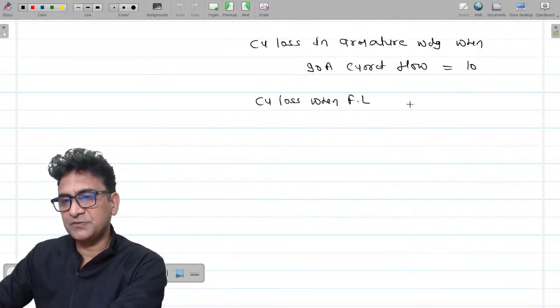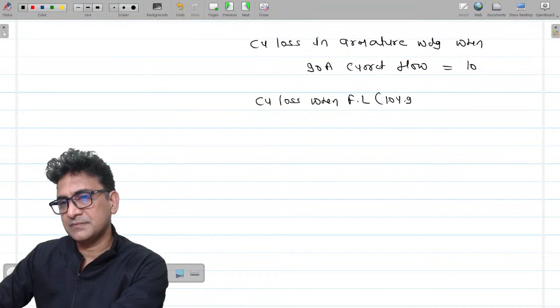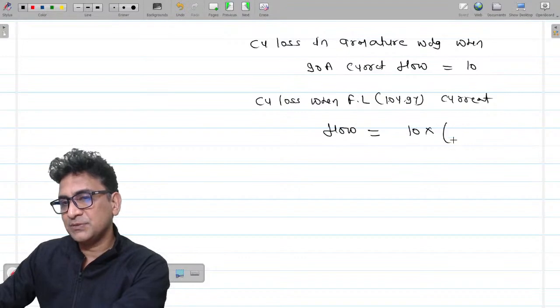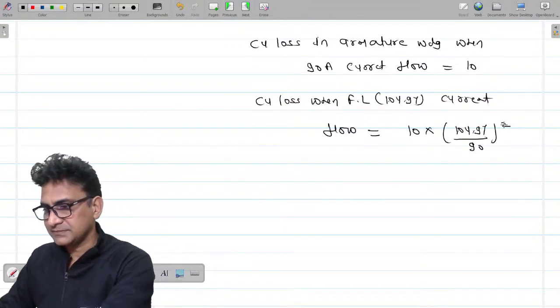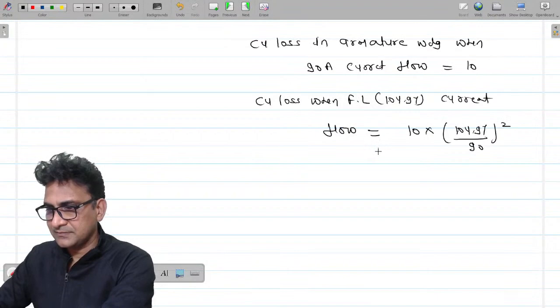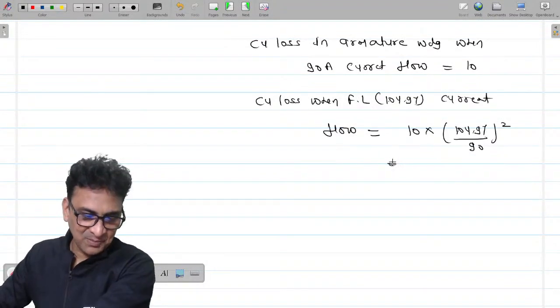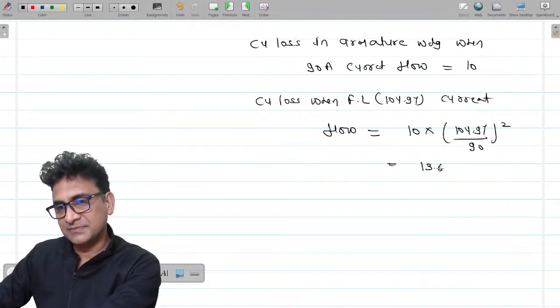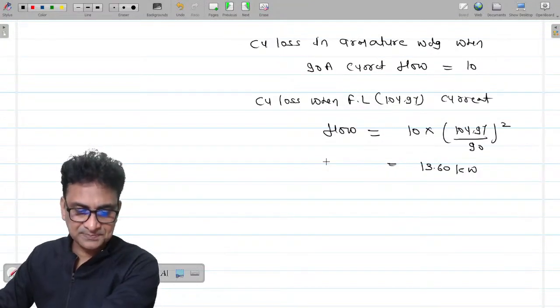Full load current is 104.97. We all know the copper loss is proportional to current square. So it would be 104.97 divided by 90, squared. So the copper loss will be 13.60 in terms of kilowatt. This is my copper loss.